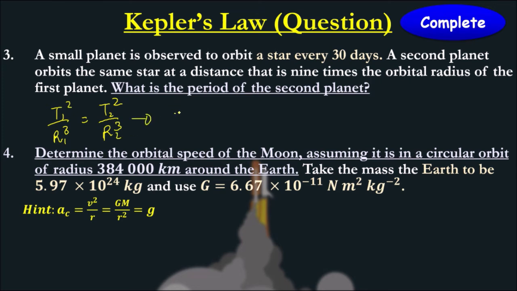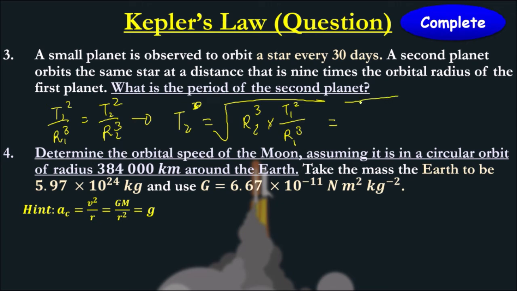If you want, you can label these components to help you out. So it would be T2 is equal to the square root of, let's see, what do we have? Our second radius cubed times T1 squared over R1 cubed.